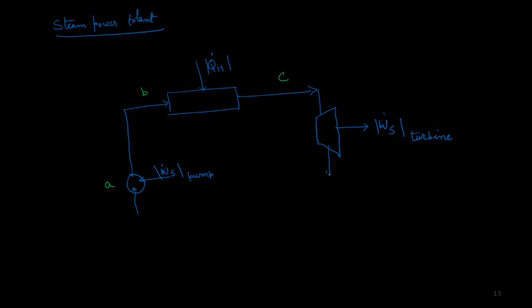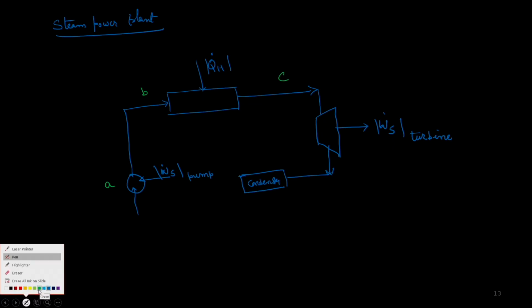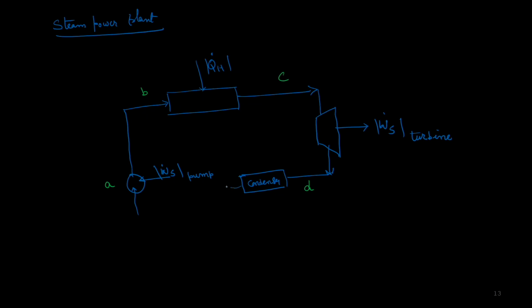And after the turbine, we push it to a condenser, where we condense the steam coming out of the turbine, or any liquid coming out of the turbine, back to its original state, whatever condition we had put into the pump to begin with. So that's the condition D, and then we go back to the original state.